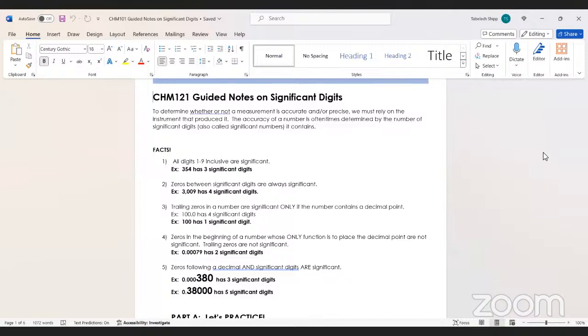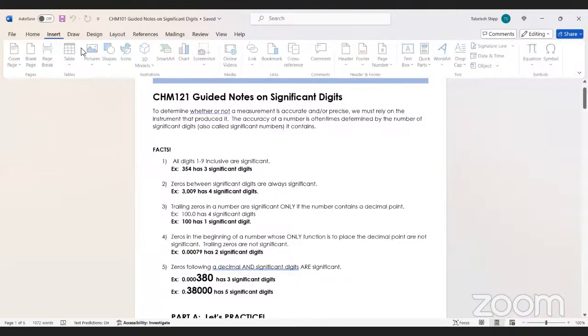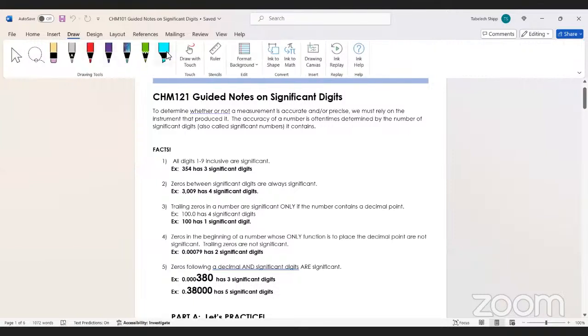However, if you look at statement number 2, zeros between significant digits are always significant. Keep that in mind of where the zeros are located. So in this particular example right here, if the zeros are sandwiched in between two other significant digits, then the entire number counts.